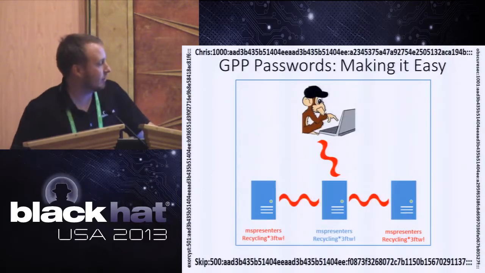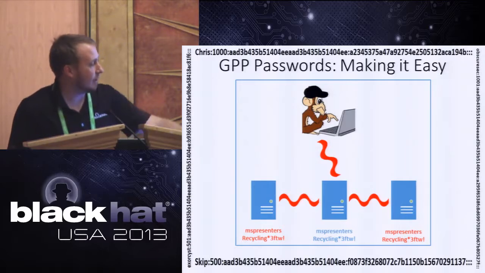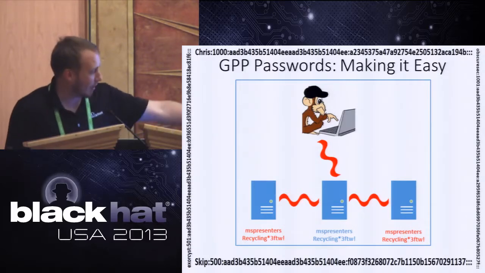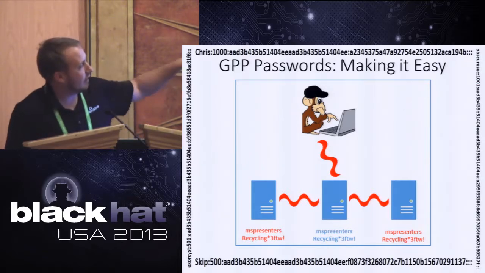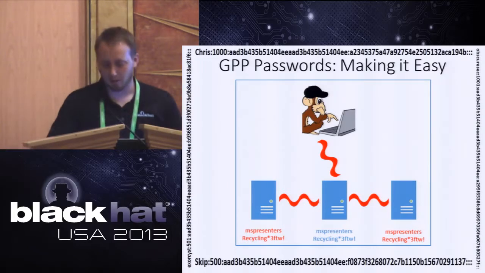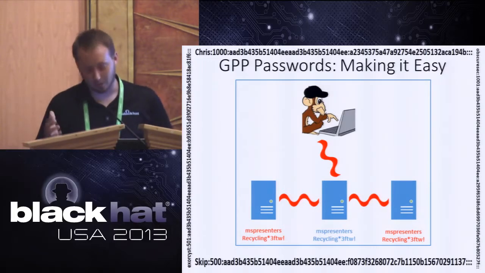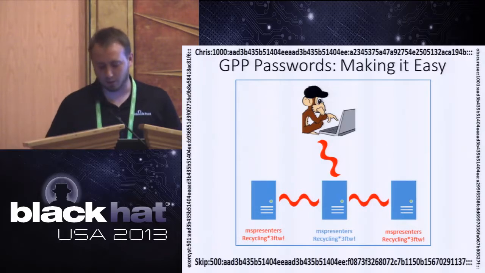But what it actually does is make it really easy for an attacker. By renaming the account to something like MS Presenters and setting that password, we're able to get on one box and then move from that box to any other box with the same password. And that's essentially what pass the hash is in its most common form.